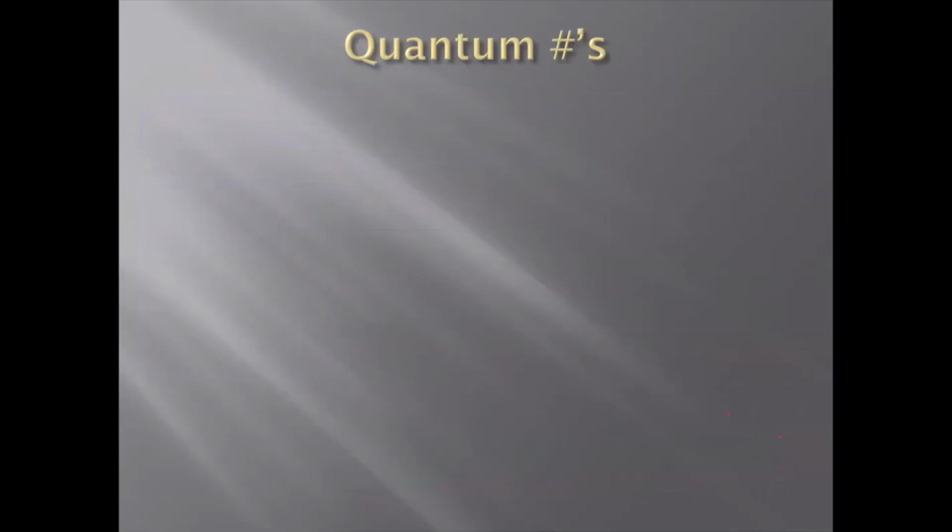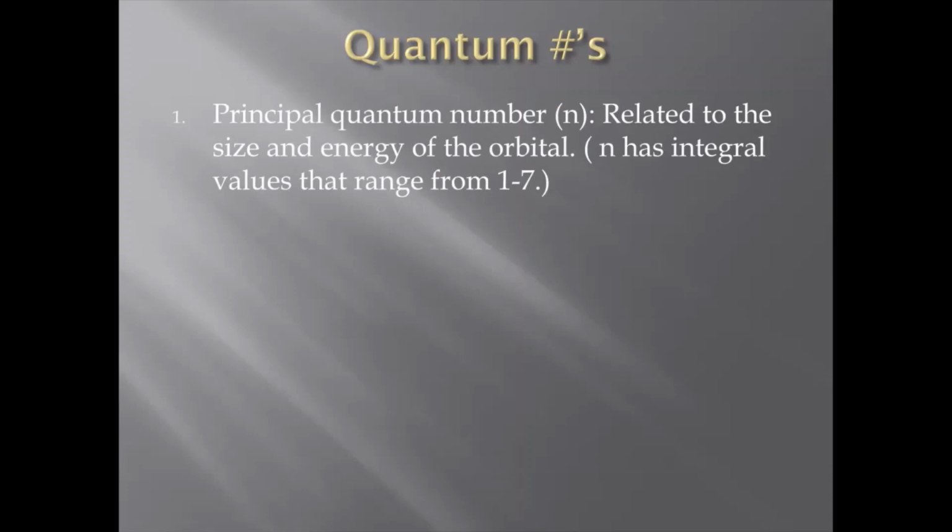Now, in quantum mechanics, we also have to pay attention to the quantum numbers. There are 4 quantum numbers that we're going to be looking at, and here's the first one. This first quantum number is given the symbol n, and it's related to the size and energy of the orbitals, and it could have values that range between 1 and 7.